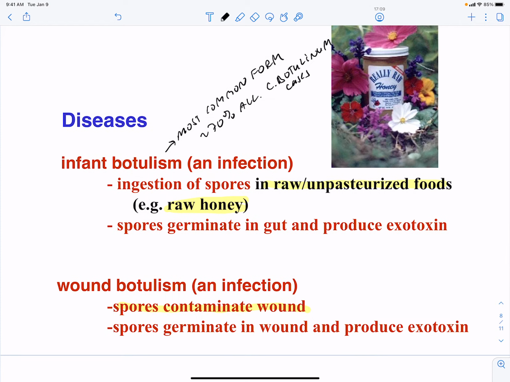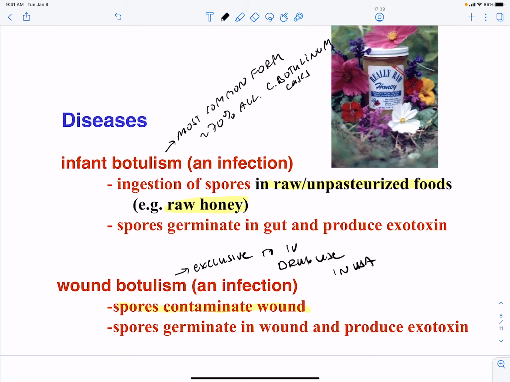And then wound botulism occurs almost exclusively among injection IV drug users. Black tar heroin, for example, has a high incidence of botulism.